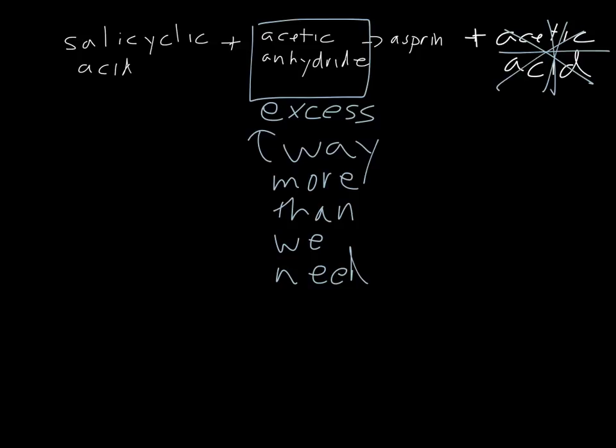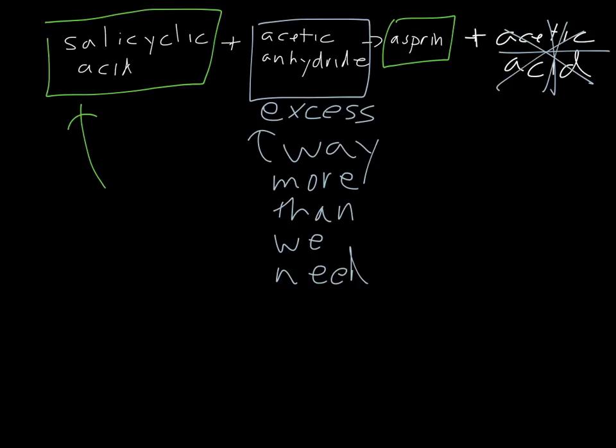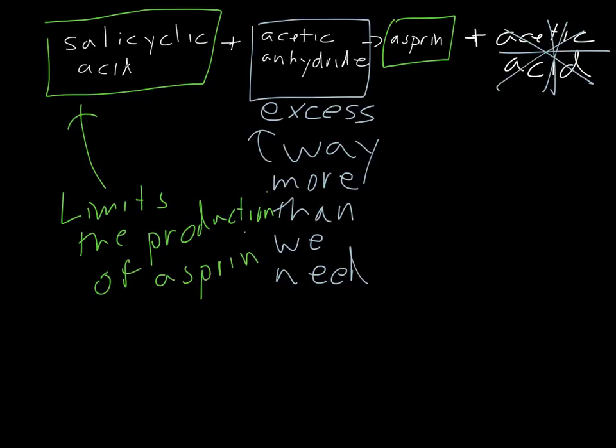We're only interested in the amount of aspirin, and that amount of aspirin is limited only because we're using such a big excess of acetic anhydride. It's our quantity of salicylic acid that limits our production. It's what limits the production of our aspirin.